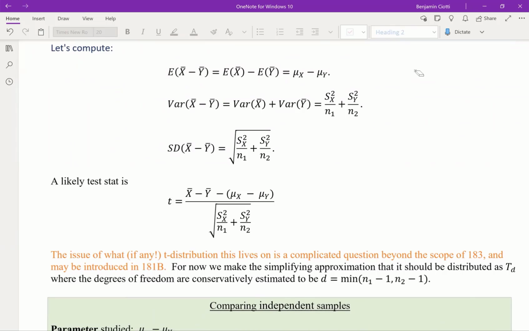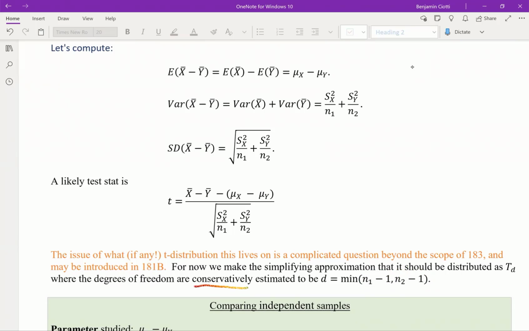That's beyond the scope of this class. You might see it in Math 181B, but for now, for our class, we're going to make the simplifying assumption that this lives on a t distribution with d degrees of freedom, where the degrees of freedom d are conservatively estimated to be the minimum of n1 minus 1 and n2 minus 1.